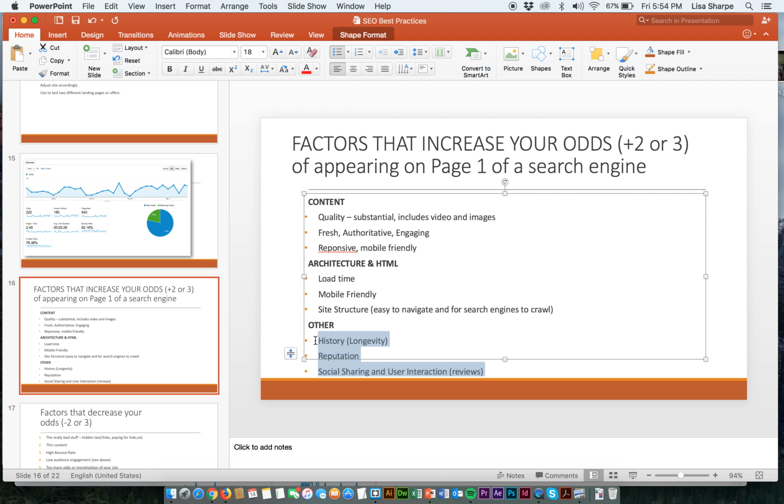The reputation of the site, is it trustworthy? And how much social sharing and user interaction you get on the site. So Amazon, for example, allows reviews, and they don't delete the bad reviews because all publicity is good publicity. They know, as does any large website that's trying to sell you something, that this combination of 3 heavy hitters is going to increase their odds of organically ranking on page 1 of a search engine.